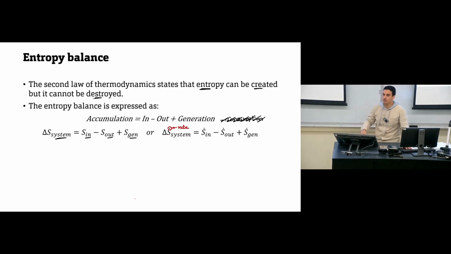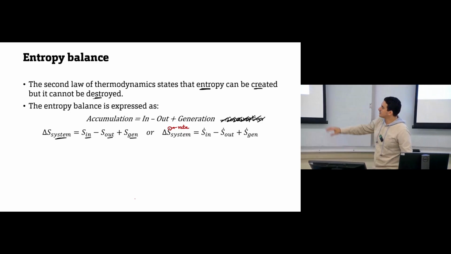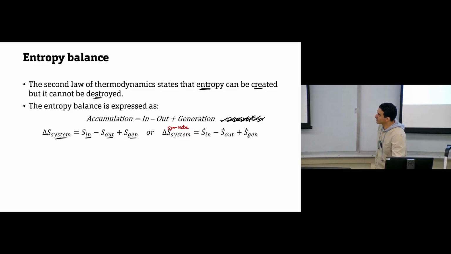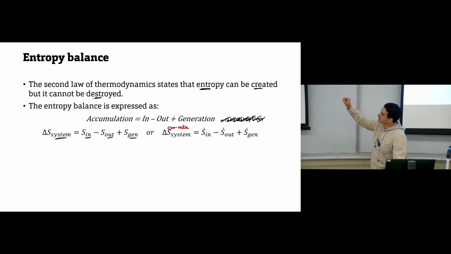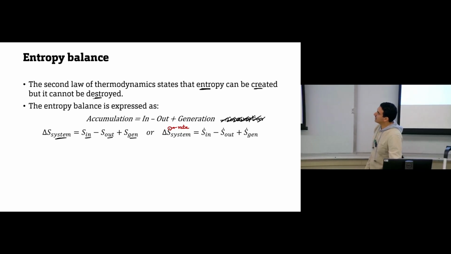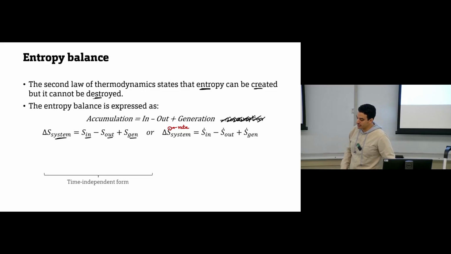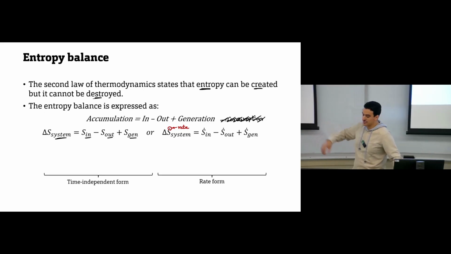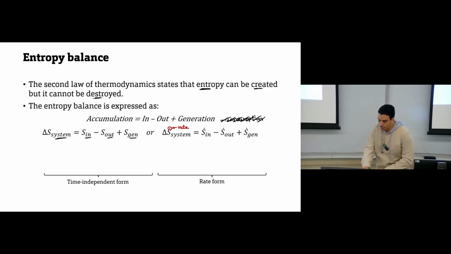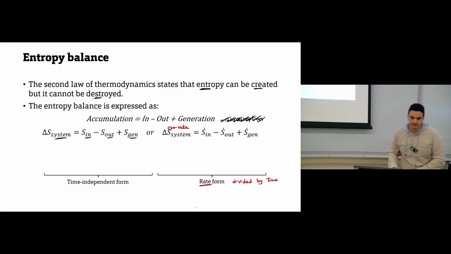Rate means you have property divided by time. So the rate of change of the entropy of the system equals inlet entropy rate minus outlet entropy rate plus rate of generating entropy. So we have two forms. The first one is time independent. The second one is the rate form, where we have the properties divided by time.